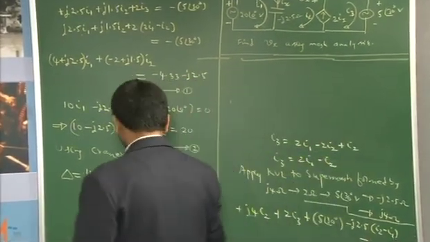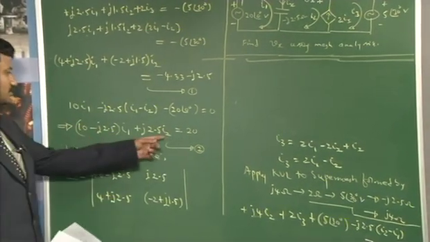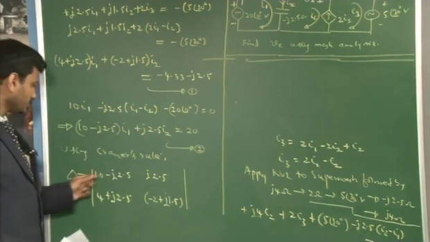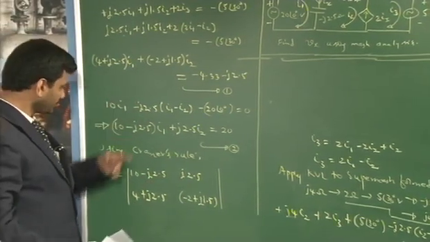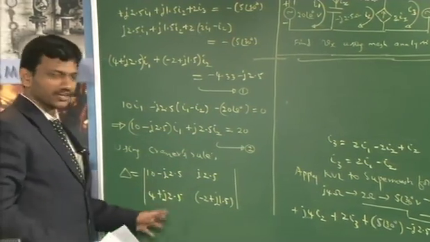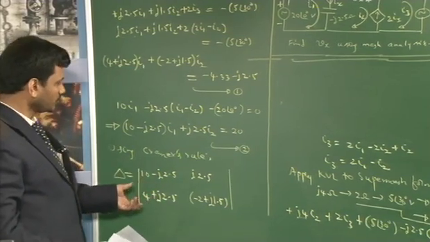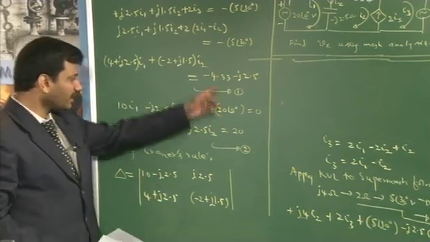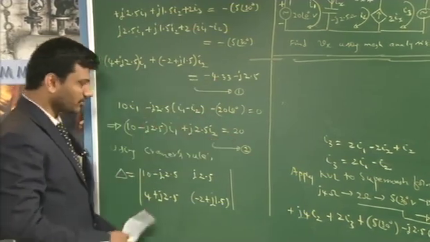In this case what I have done is, instead of writing the first equation coefficients in the first row, I have written the second equation coefficients in the first row, but still not a problem. While substituting the sources, what we need to do is substitute the RHS. First you have to substitute 20, then followed by this, that is all.